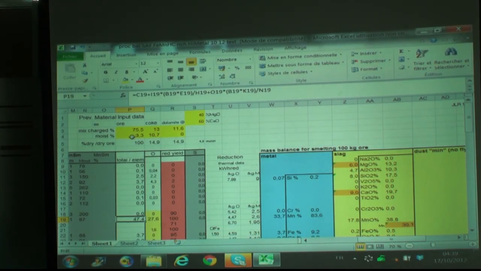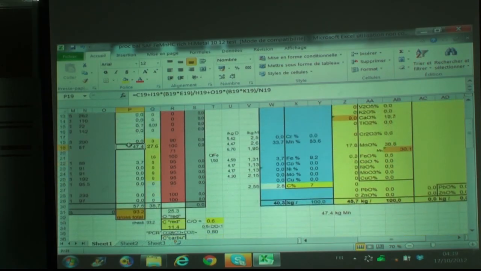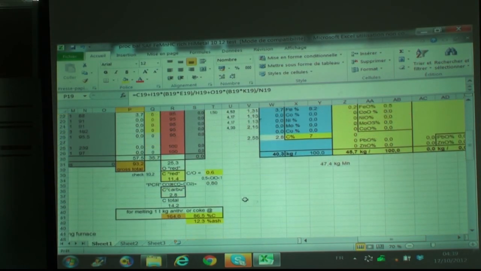You have to check. You have to do the full balance, and you have to determine yourself the amount of carbon. And if you find a big discrepancy with what the customer gives you, then you have to ask questions. Why, etc. Or is your coke composition different, etc.